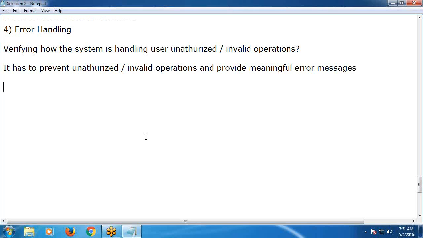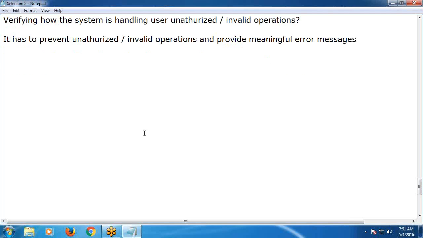Then we can check our user ID and password and re-enter. Suppose after entering username and password, after submission, it is showing enter username. A message like username field should not be blank is an incorrect message. It has to show meaningful messages. Okay na? Saloni.